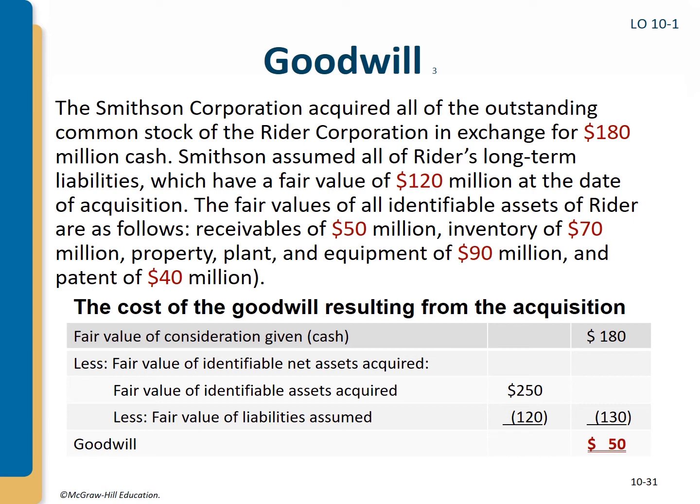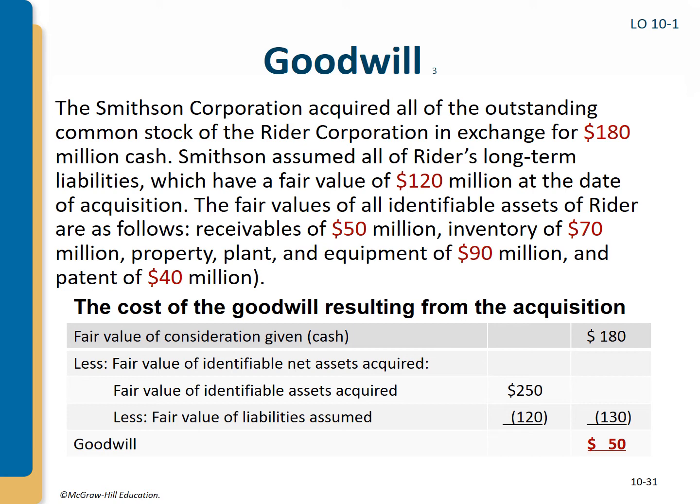Those were appraised, and that's how much they're worth, the assets and the liabilities. So what this is saying is take that 250 in identifiable assets fair value and subtract the fair value of the liabilities. That's the fair value of the net assets, 130.